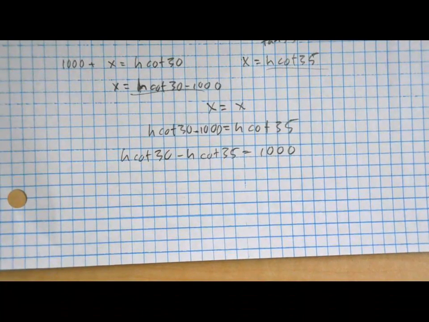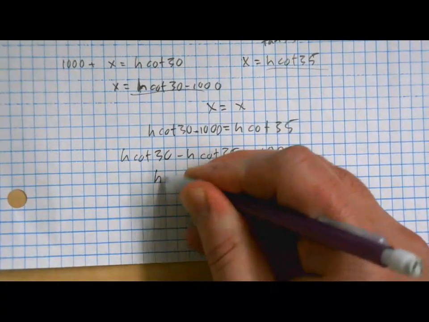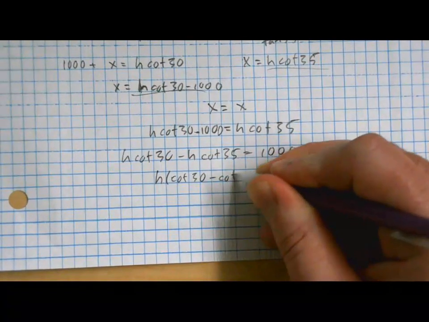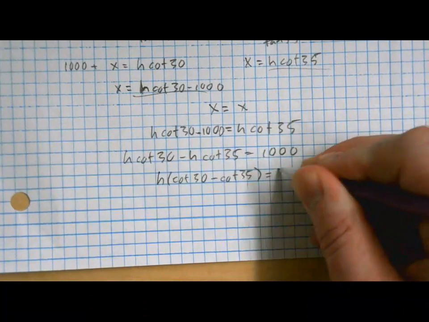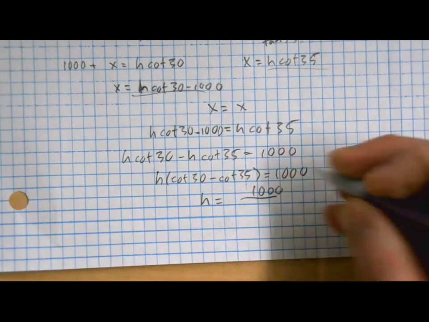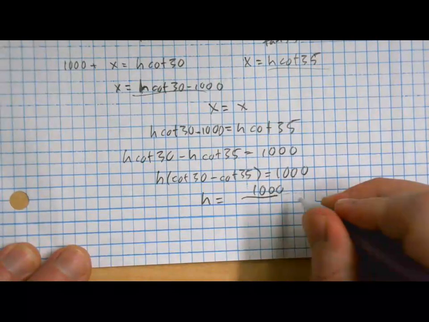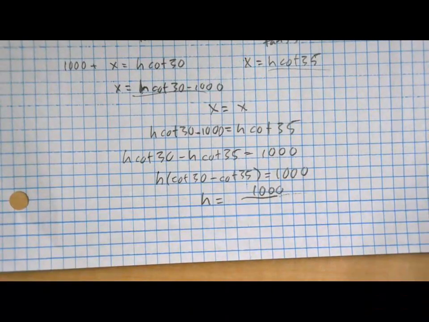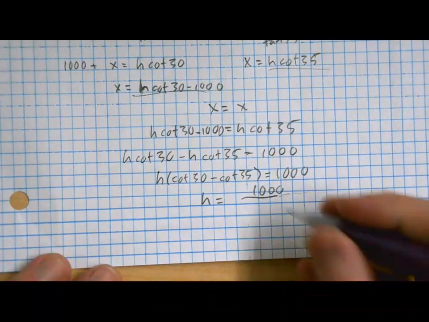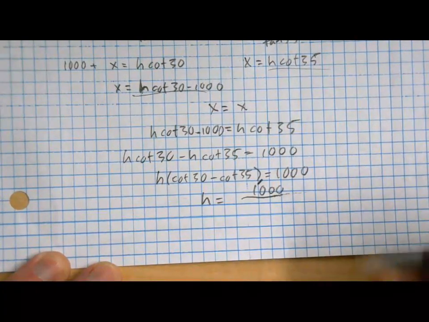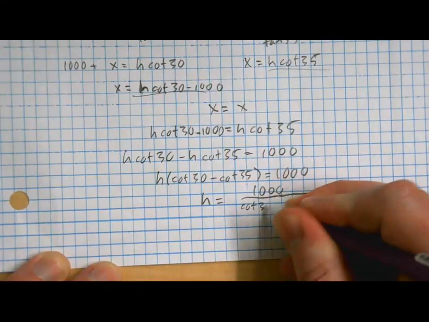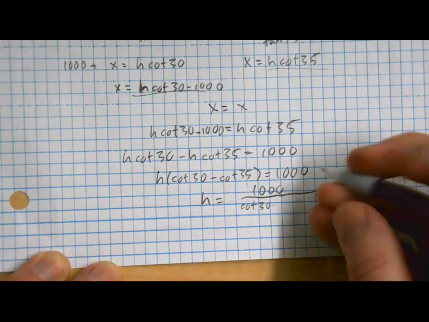And I'll factor out an h and divide on both sides, and we'll be there. Cotangent 30 minus cotangent 35.